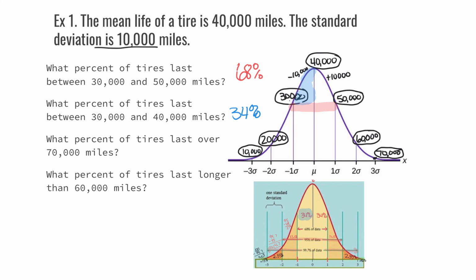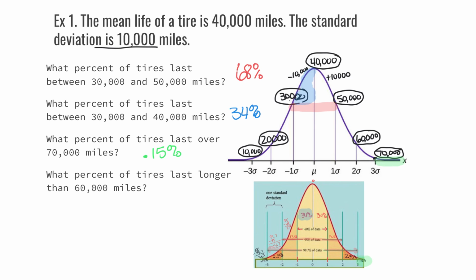Okay, what percent of tires last over 70,000 miles? So the over 70,000 is this piece right here. And if you remember, after the third standard deviation, that was 0.15% if you look at that picture down there at the bottom. So it should be 0.15%.